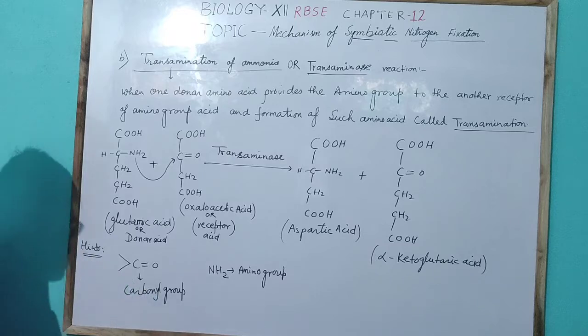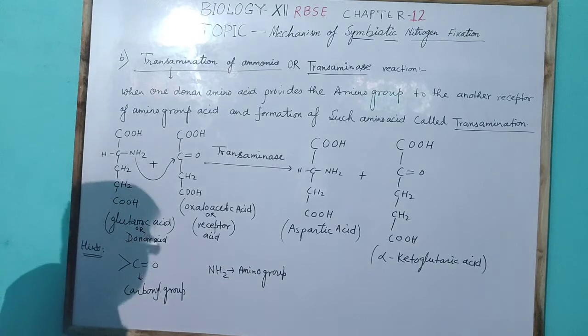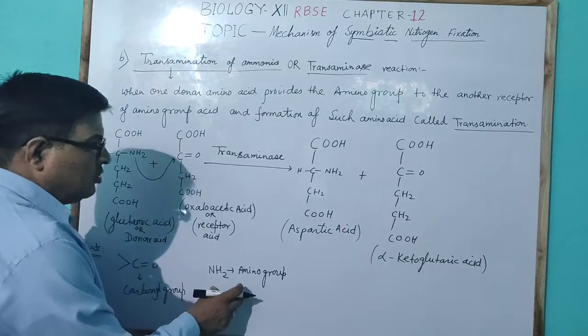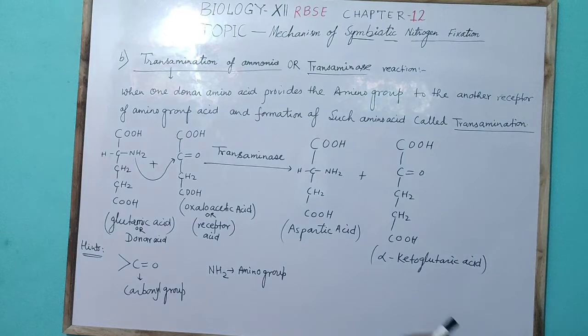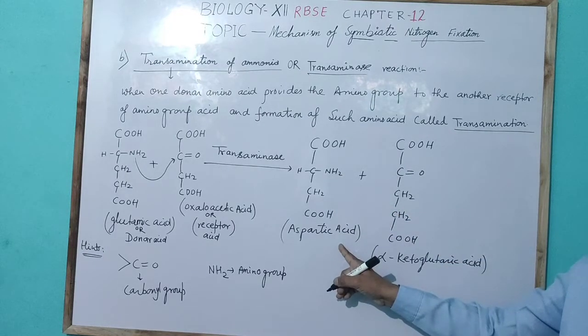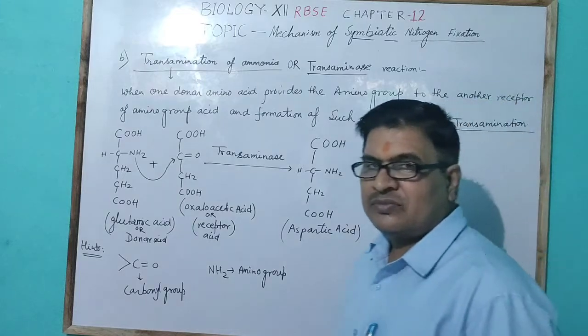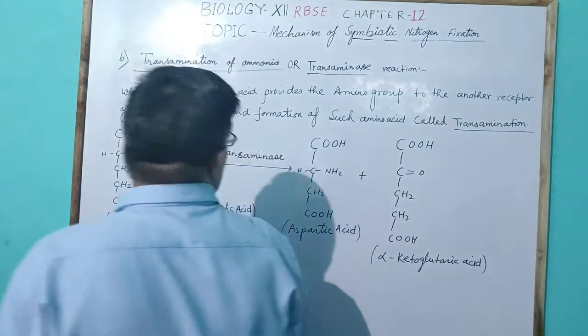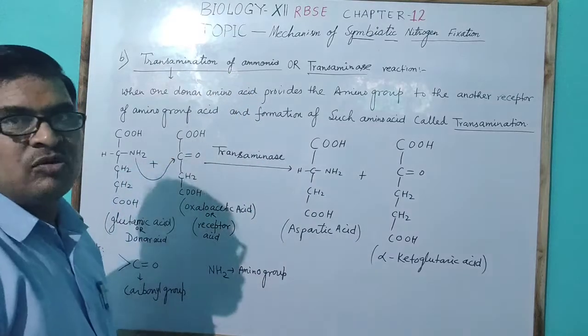So one acid contains the carbonyl group and another acid contains the amino group. In this way, this is the transaminase reaction or transamination of ammonia.